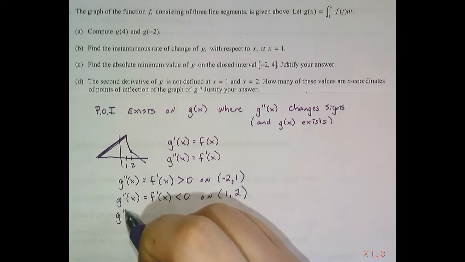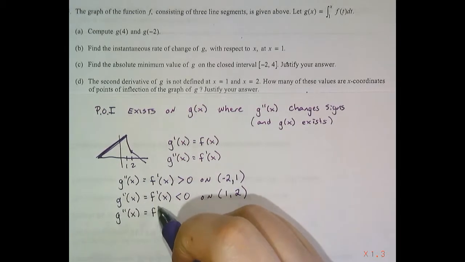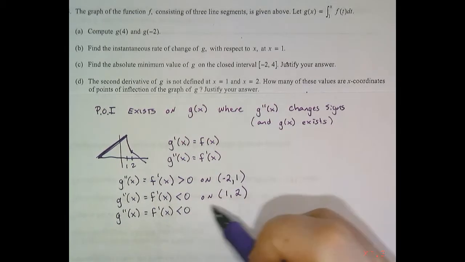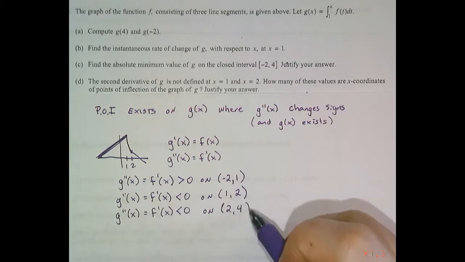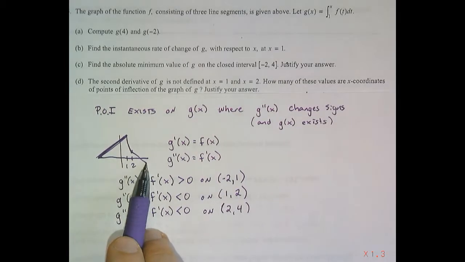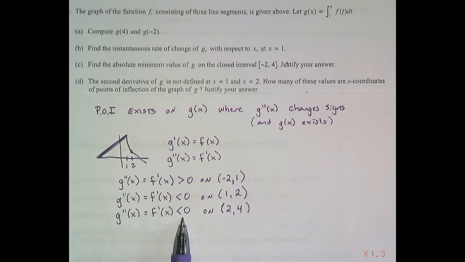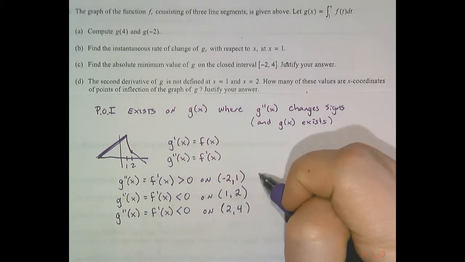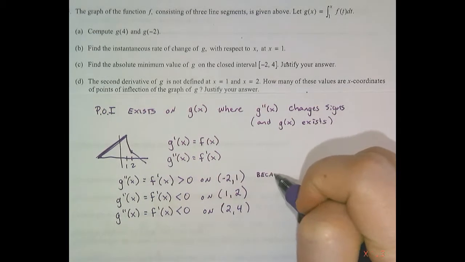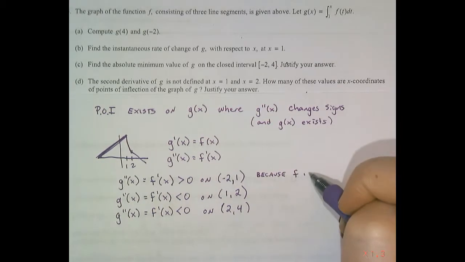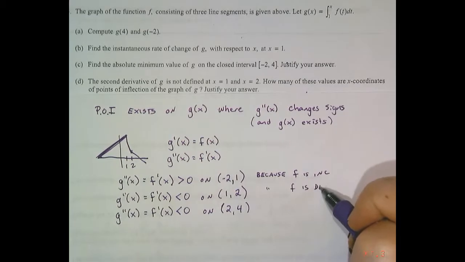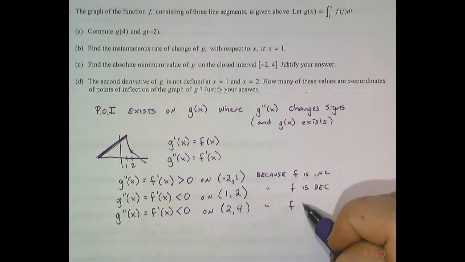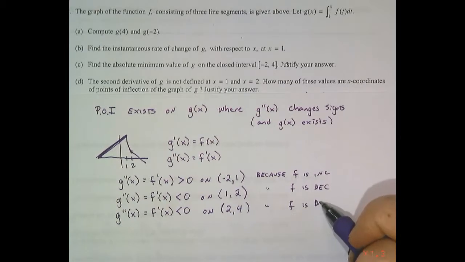And on the last interval, g prime prime, f prime of x, is also less than 0 on the interval 2 to 4, and that's this interval here. So f is decreasing, so f prime is negative. I'll put that in here because f is increasing, because f is decreasing, and because f is decreasing.